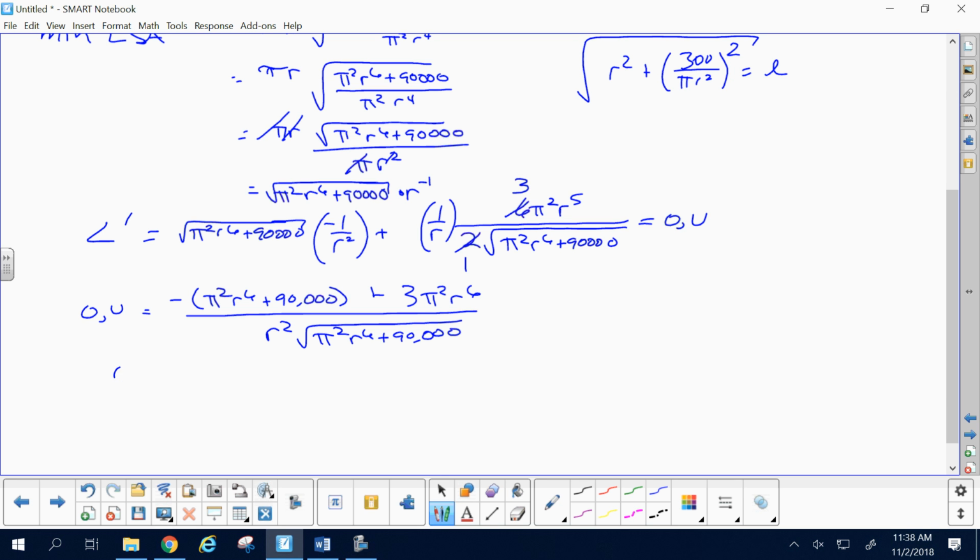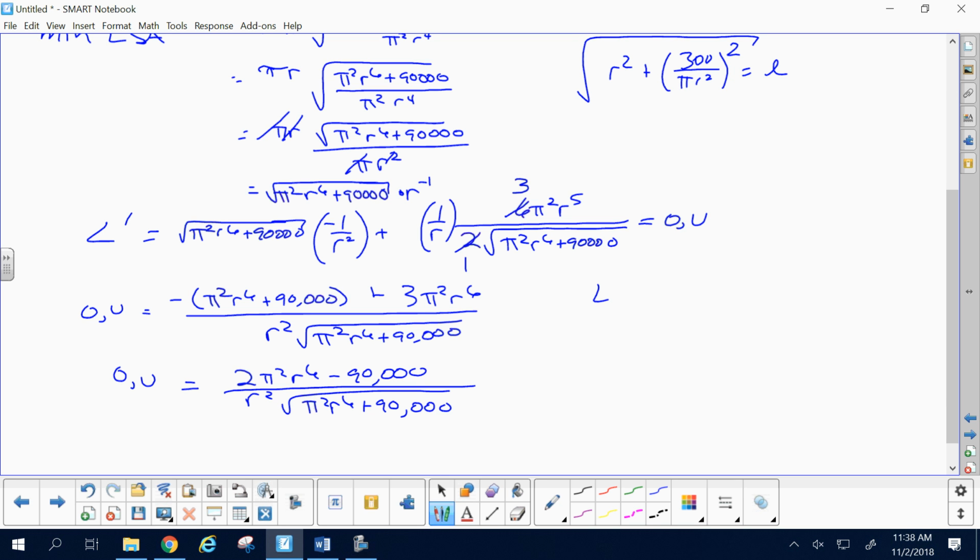Let's finish it out by simplifying the numerator. I'm getting 2 pi squared r to the 6th minus 90,000. That's pretty clean. Over r squared root of pi squared r to the 6th plus 90,000.